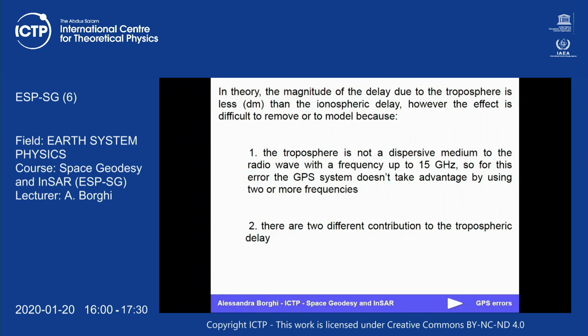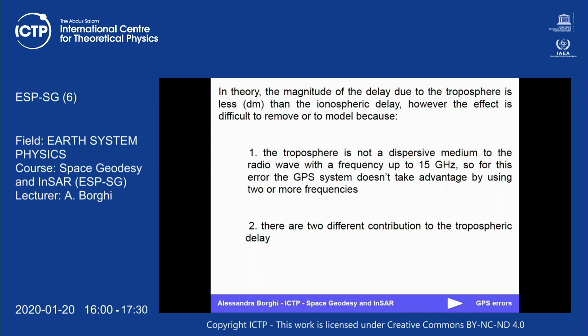So, in theory, the magnitude of the delay due to the troposphere is less than the ionosphere delay. The ionosphere delay can arrive up to some meters, up to a meter at least. In this case, with the troposphere delay, we have an error of some decimeters. It's lower, but however, this delay is really important.